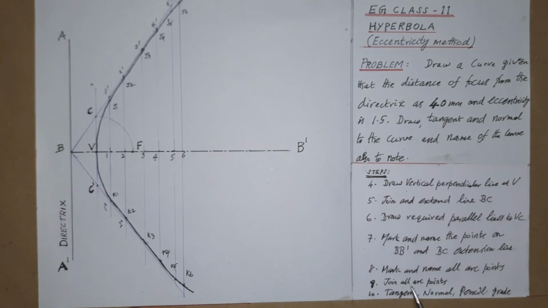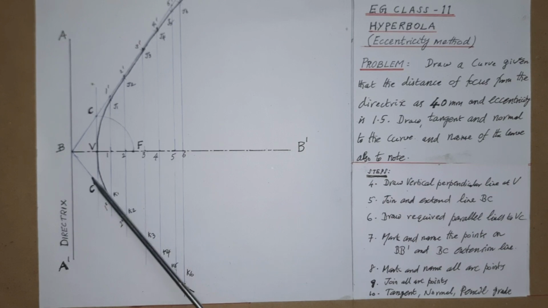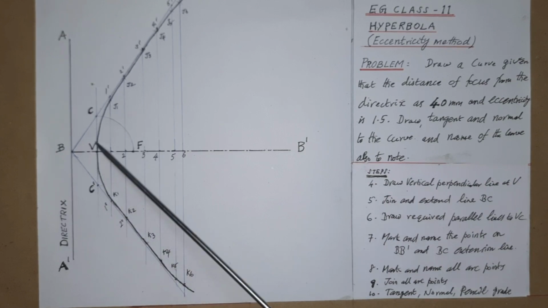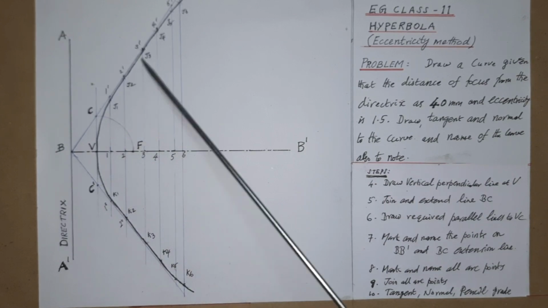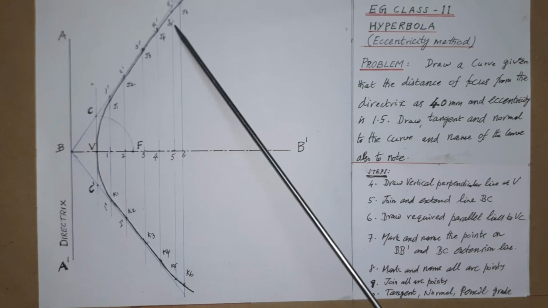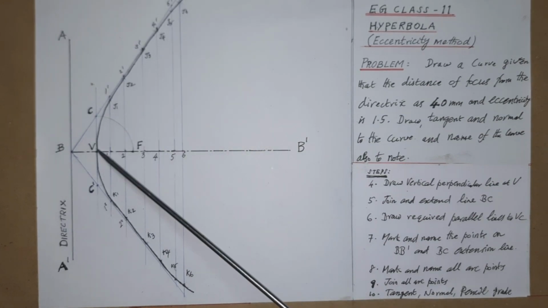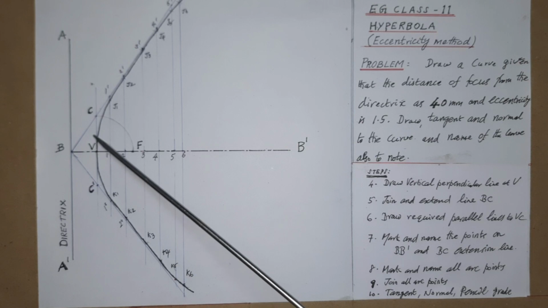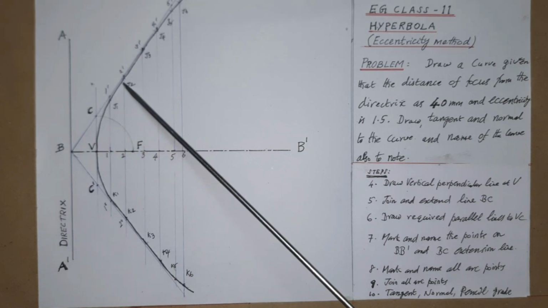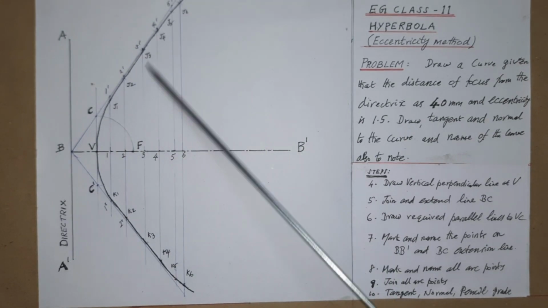Next, as per step 9, join all the arc points. Here, starting from V, J1, J2, J3, J4, J5, J6. Likewise we have to make a smooth curve joining all these points.